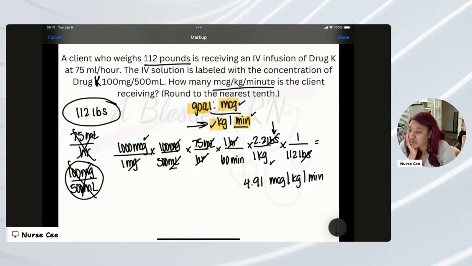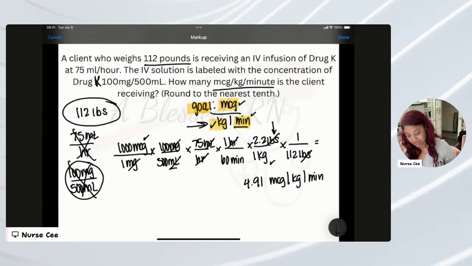Do you always introduce the weight at the end? Pearl, I go wherever the goal tells me to go. So I always start with that first unit that's on the top in my goal. So whatever comes next just comes next. So you see how I kept looking in the denominator at the bottom and seeing what unit was there. So my milligrams came up.